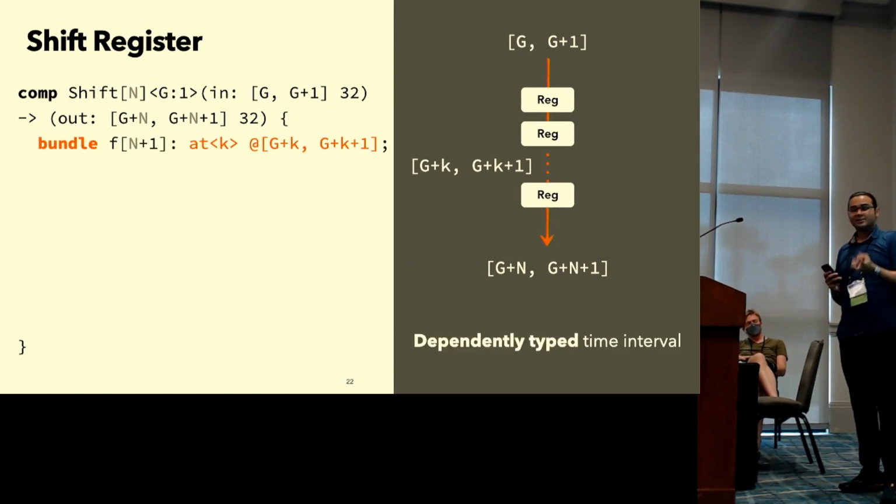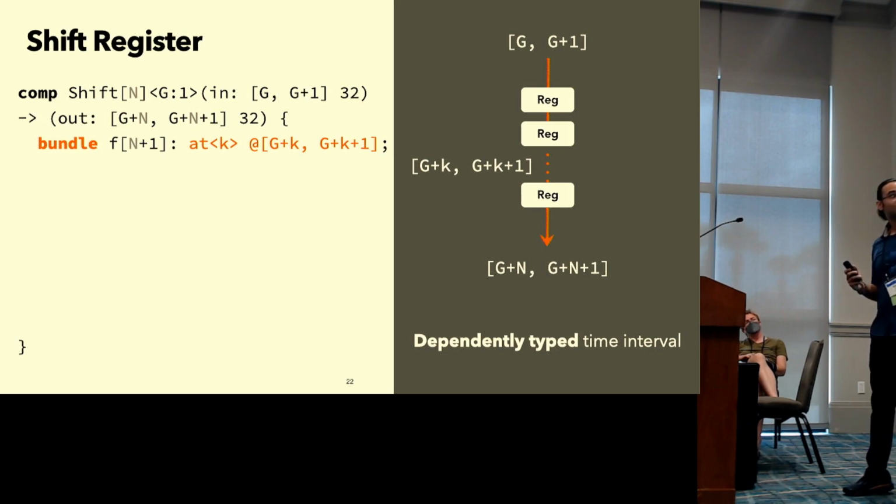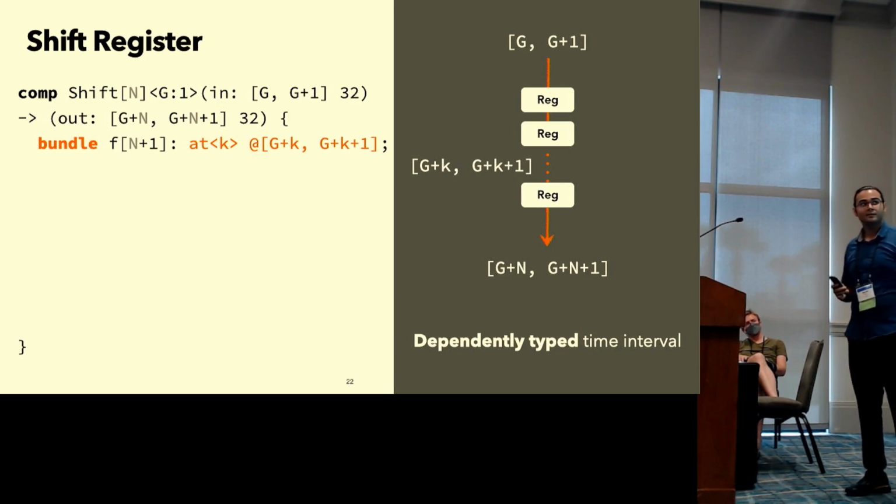And so the way we express this in Filament is this weird, complicated looking thing that says, I have n plus 1 wires, and for the kth index into that array, this is an array, the type of the wire there is this, which means this wire is available at the kth cycle. It's essentially encoding the fact that the kth wire is available in the kth cycle. This, again, is like a complicated thing, and feel free to ask me questions, but this is the sort of keystone in making everything work.